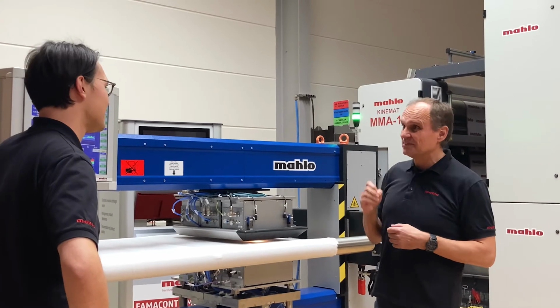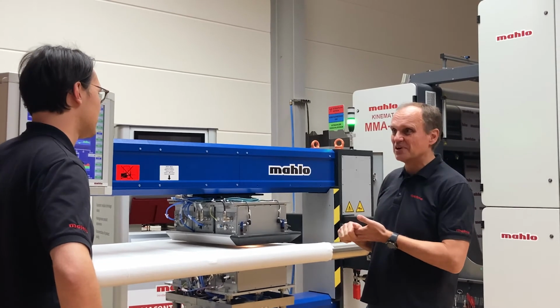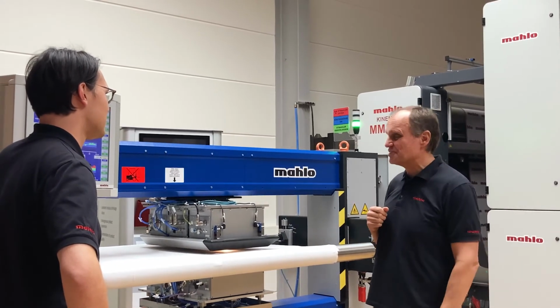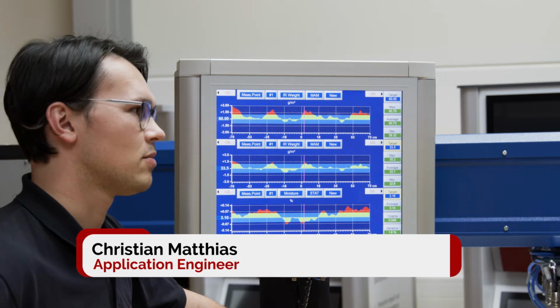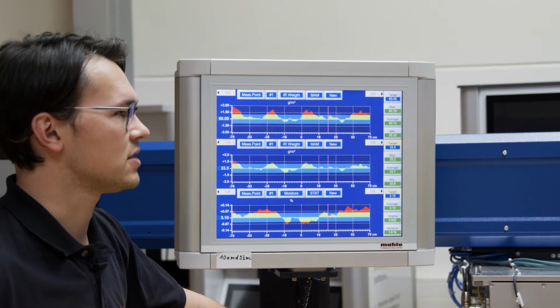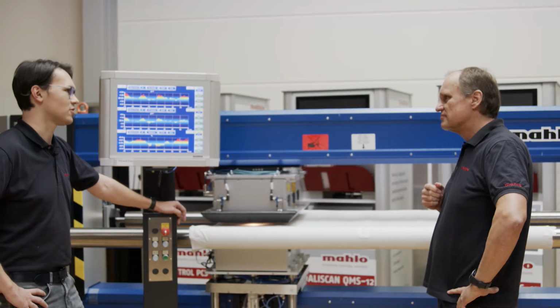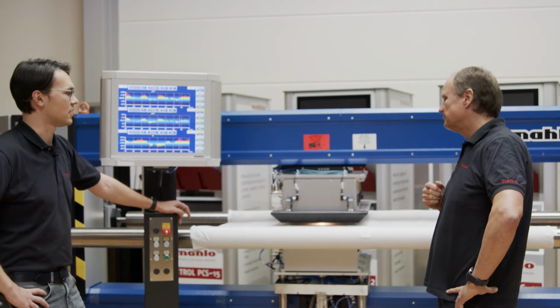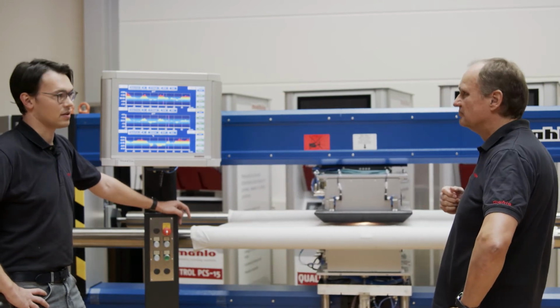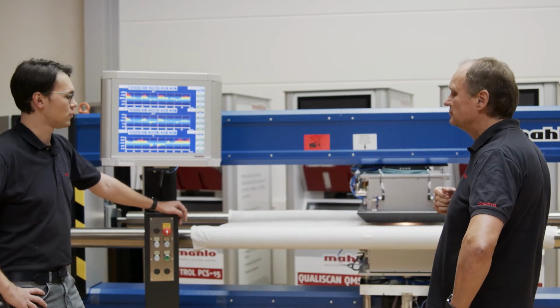Christian, could you in some short words describe what is a multi-channel measurement? So the EMFT sensor is able to measure several properties for our customers, like we already talked about the moisture content. Of course, the sensor can measure the basis weight of the nonwoven product in this case.